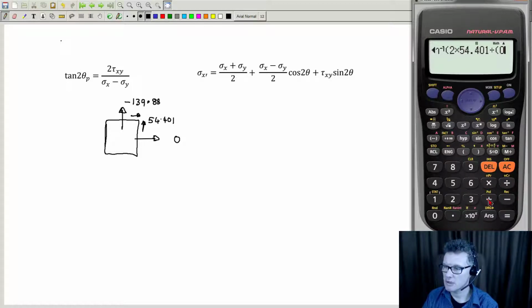Negative to negative makes that a plus, so be careful with your signs.